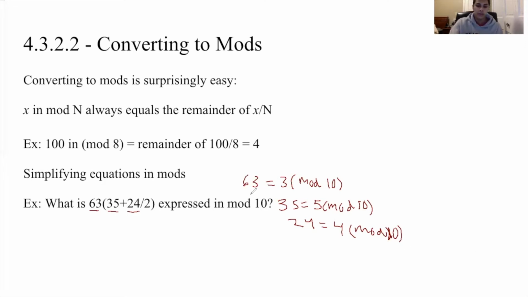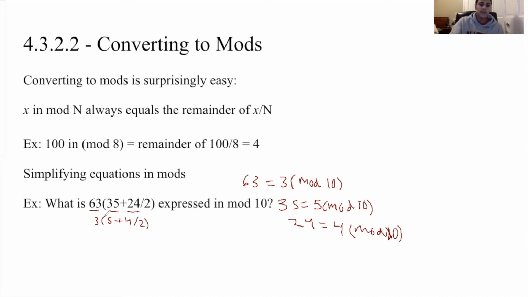And what we can do from this is immediately simplify the equation. Since 63 is equal to 3 in mod 10, we can just turn this into 3. Since 35 is 5 in mod 10, we can write 5. 24 is 4 in mod 10, so we can write 4. And then 2 stays as 2 in mod 10, because 2 is a number that already existed.